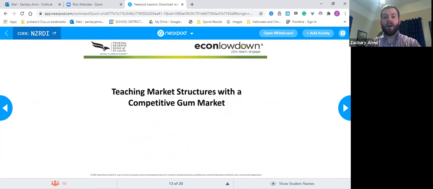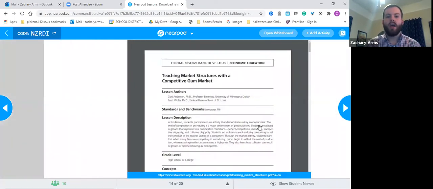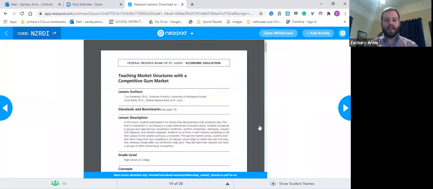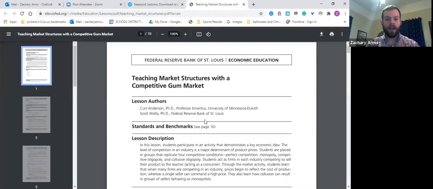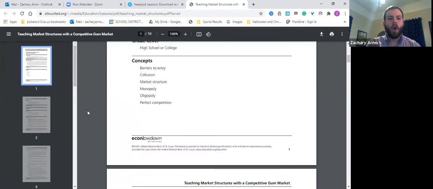This is one I've used with bubblegum and teaching market structures with a competitive gum market. This is a PDF. If you click on it, it goes to the PDF of the lesson plan for this activity. 10 pages, very easy. I'll describe it real quick.